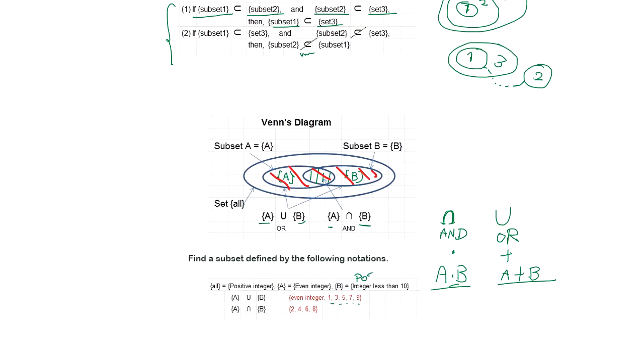We have to put the positive. And if it's an intersection, then even integers 2, 4, 6, 8 and integers less than 10, so only 2, 4, 6, 8. 10, 12 doesn't belong here. Okay?